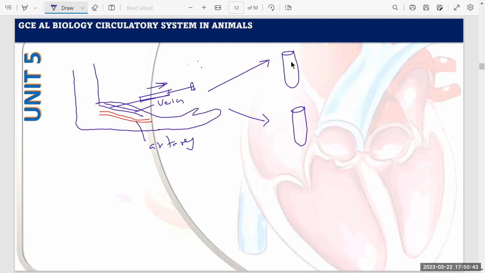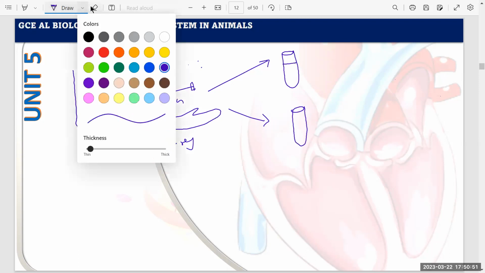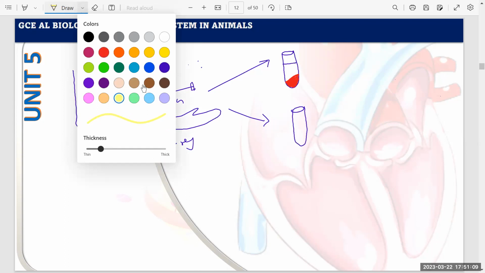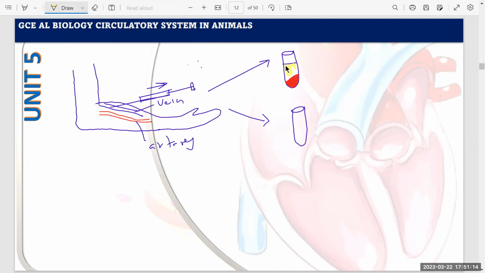Okay. Then if we leave the blood in a test tube, maybe 1 or 2 hours, we can notice it has formed this kind of solid mass, and a pale yellow colored liquid.